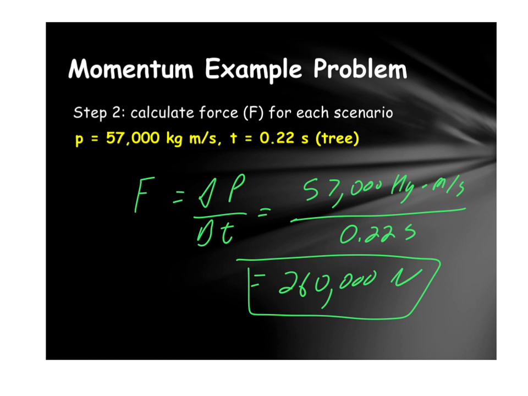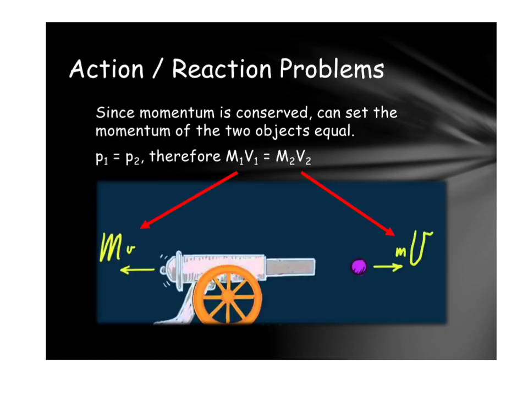A lot more force, but it's only applied over a short time, and that's why you would see catastrophic effects to the vehicle, and unfortunately occupants too, probably, in this situation.